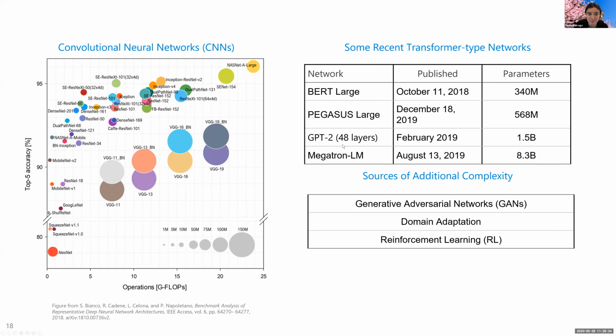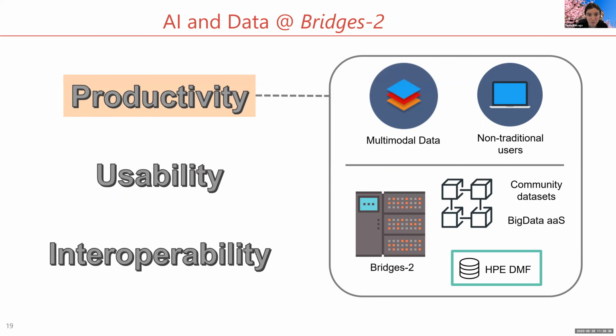Next slide. In response to the AI community's needs, Bridges-2 will have a 3-winged approach for AI and data. Each of these approaches will be defined by a big concept: productivity, usability, and interoperability. In terms of productivity and adjusting to the needs of non-traditional AI users, we will offer outstanding AI compute and data capabilities as described by Nick, and we will support the use of multimodal data in a single system.